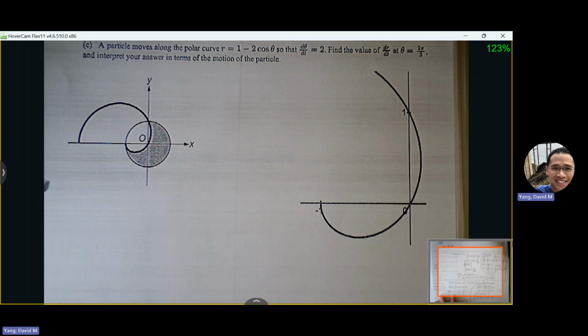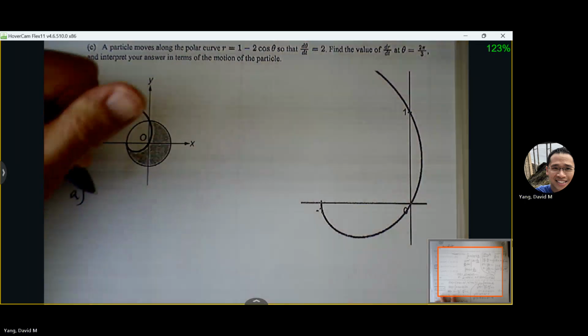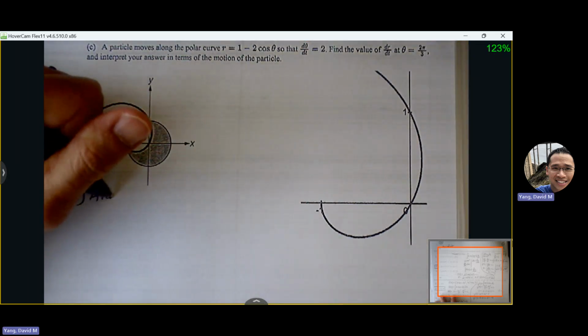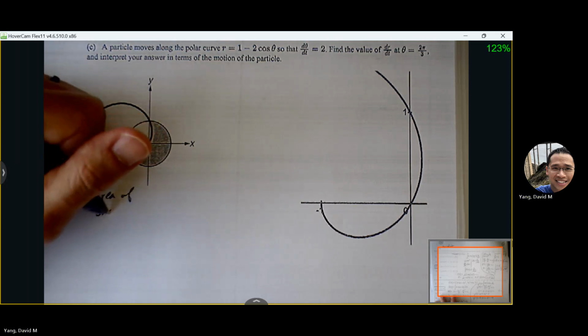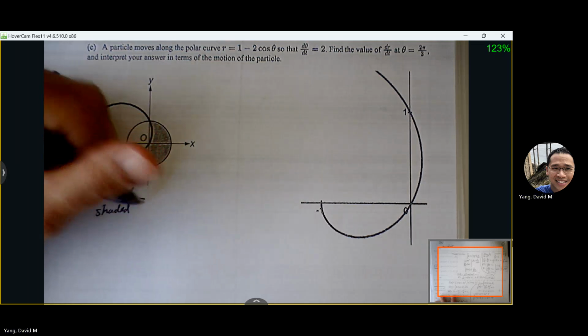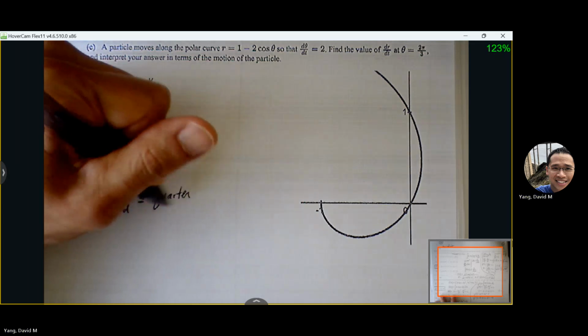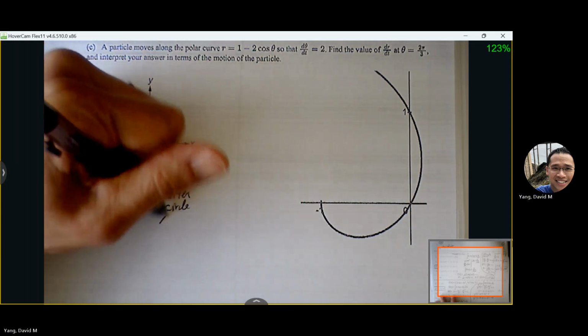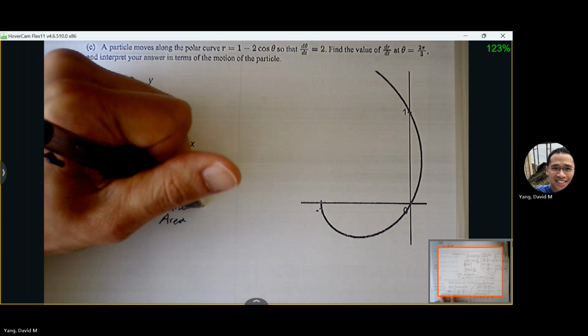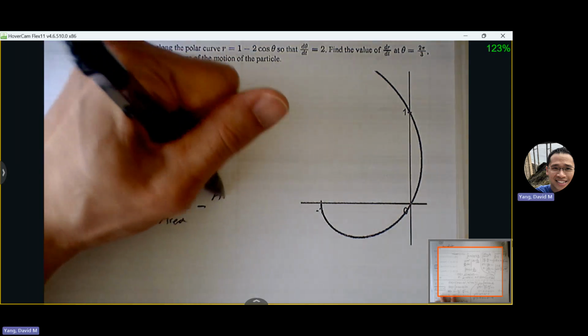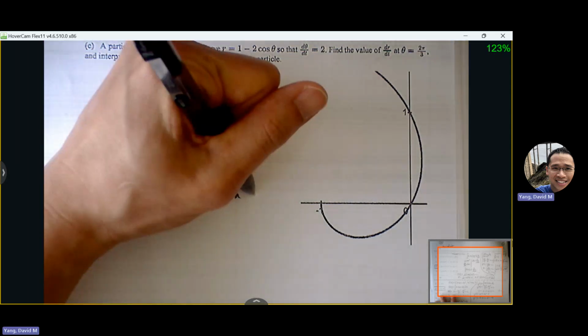Okay, so part A here. The area of the shaded region is equal to the 3/4 circle minus the area using our polar curve formula.